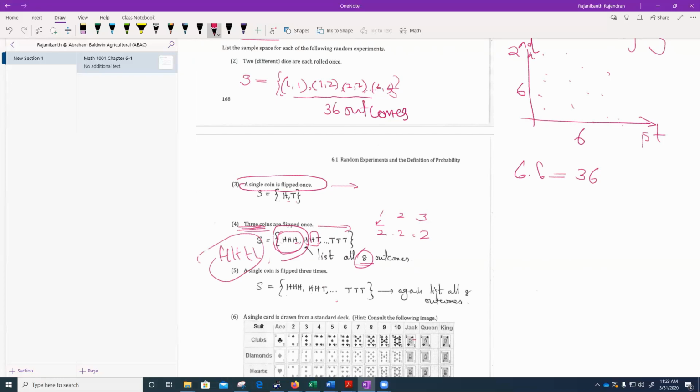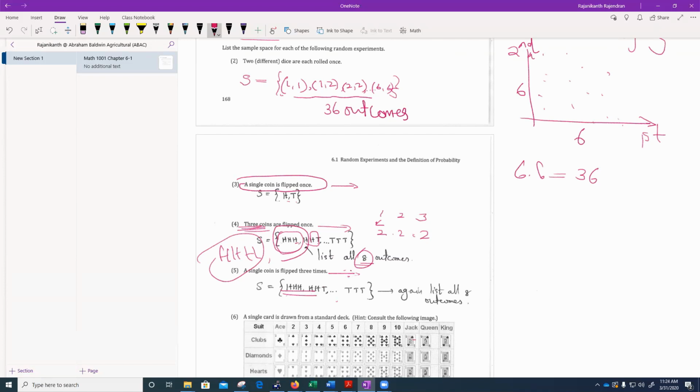Now look at number 5. Number 5 is sort of the same thing. You are doing like number 4, but what is the difference there? The difference is in number 4, you have 3 coins. You are flipping one by one, but in number 5, you have only 1 coin, a single coin. Again, you are flipping the same coin 3 times, right? The concept is the same now. You will have the same outcomes anyway, right? Does that make sense? Yes.